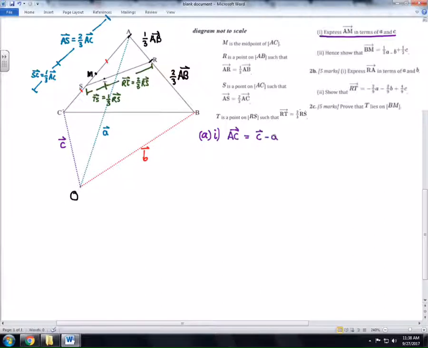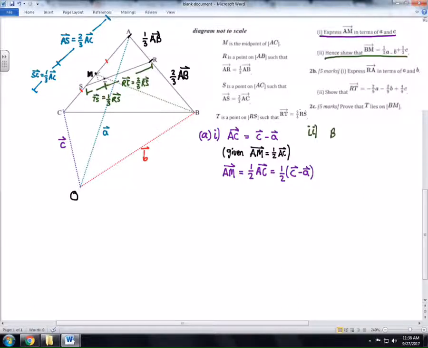So for starters, AC is the vector C minus A, and we were given that AM is half of AC because M is the midpoint of the segment AC. So half of AC is half of C minus A, and I've got my step 1 down.